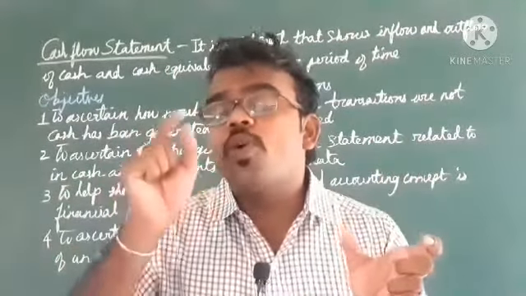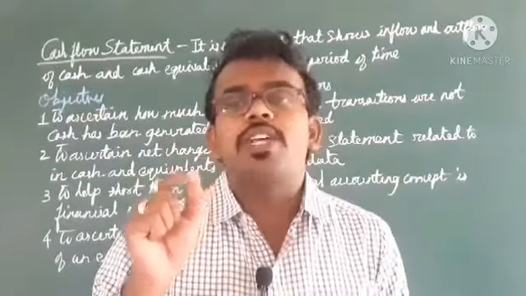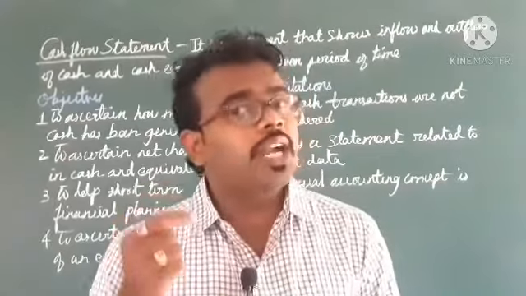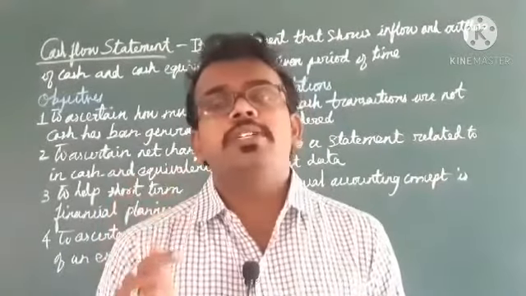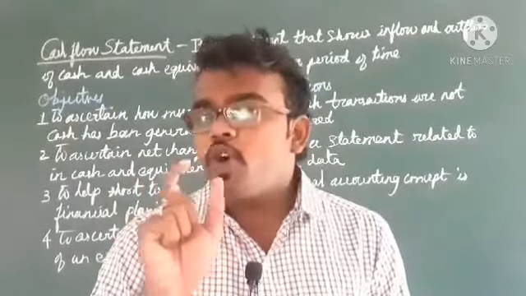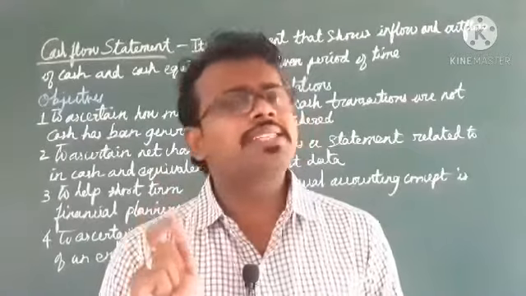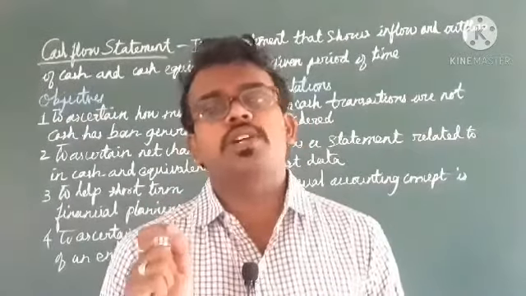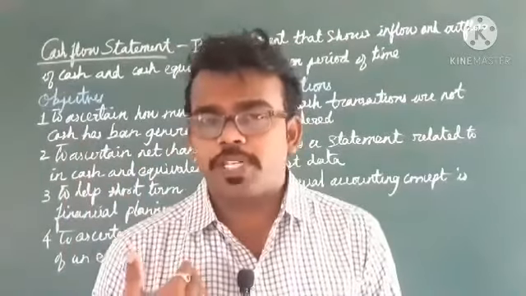So, to know the closing balance of cash, we are preparing this cash flow statement. We know cash and cash equivalents. A cash equivalent means it will not be in cash, but it has the value of cash. For example, a cheque. See, you have to give me 50,000 rupees.